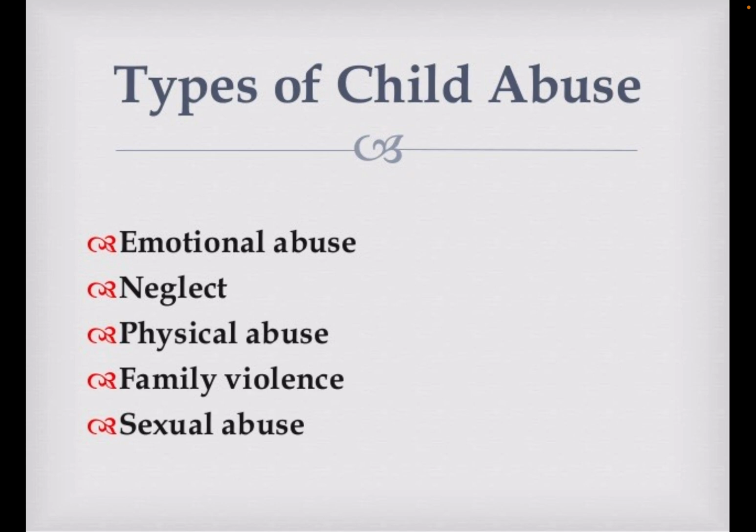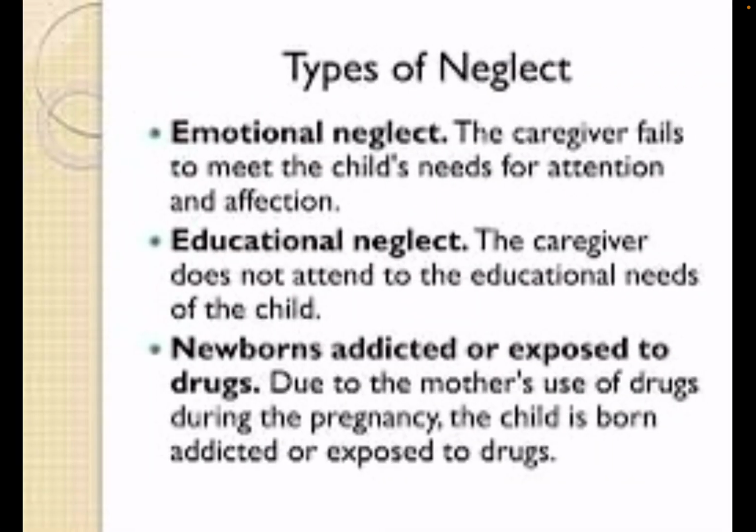There are different types of child abuse. It may be emotional abuse, neglect, physical abuse, family violence, sexual abuse. Types of neglect: it may be emotional, educational, or newborns addicted or exposed to drugs.